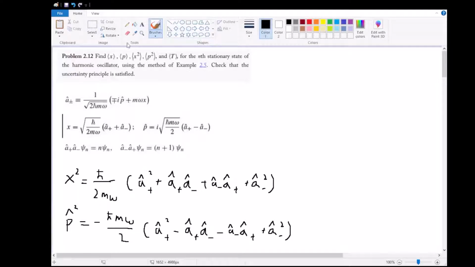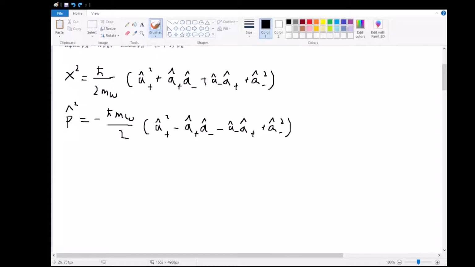Okay, now let's actually find these expectation values that we're asked to find. So the expectation value of x is going to be equal to the integral from negative infinity to infinity of psi n star times x times psi n dx.